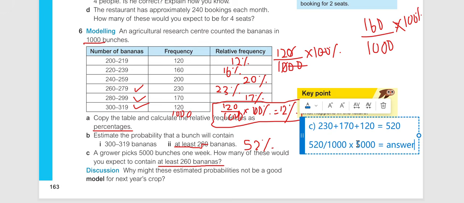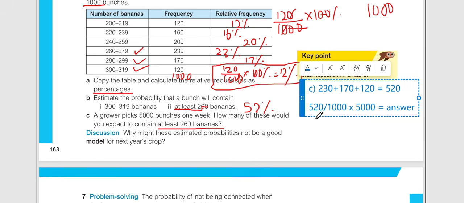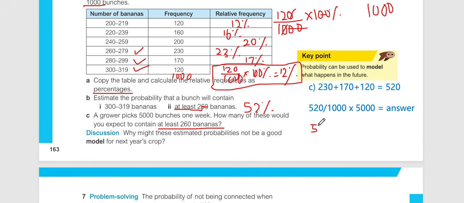Right, now again, for those who will mix it up with the calculation, let me explain. It's like this, 520 divided by 1000, because this is the frequency of getting at least 260 bananas out of 1000 bunches.